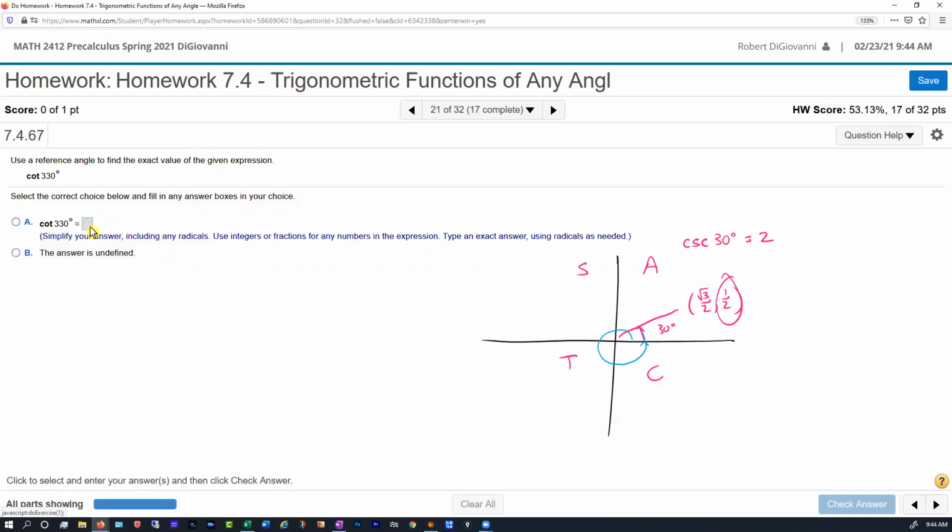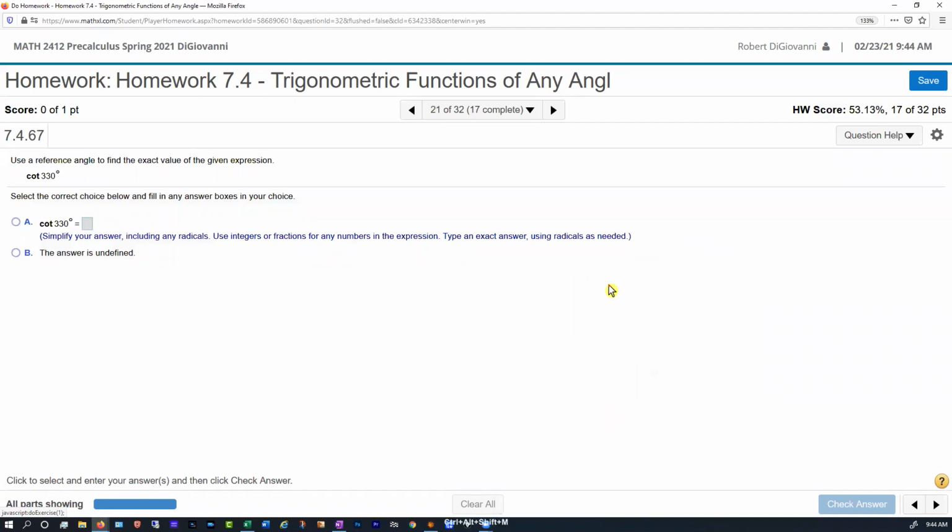Let's do this one. Cotangent of 330. So 330 is right around here, and that means we need another 30 degrees to get to 360. So our reference angle is 30, and we want cotangent of 30 degrees.